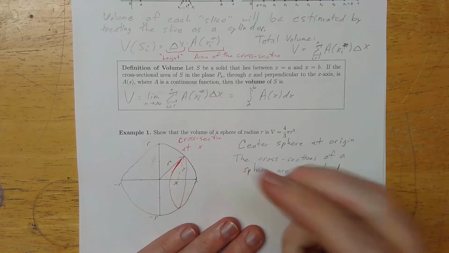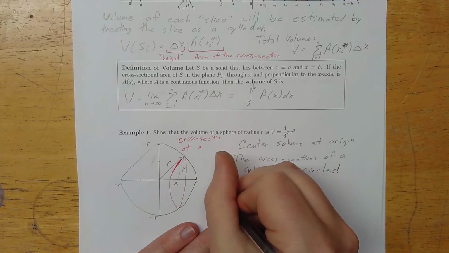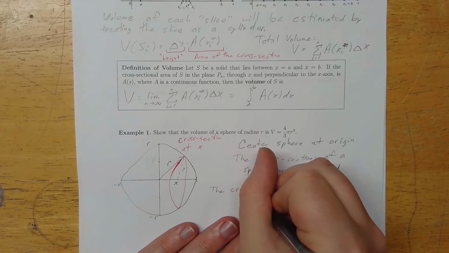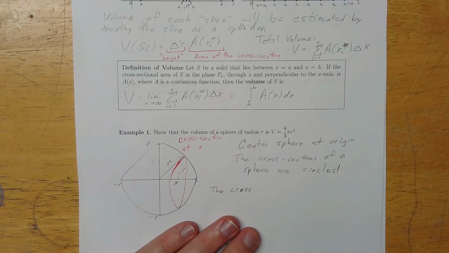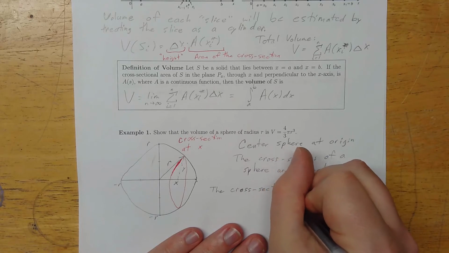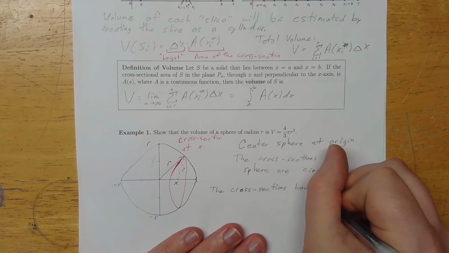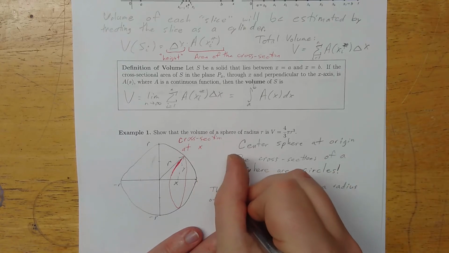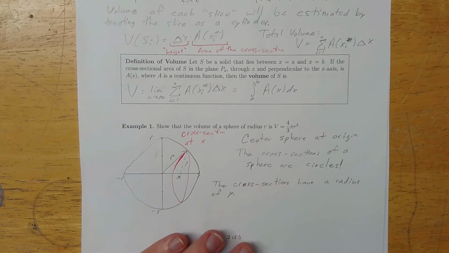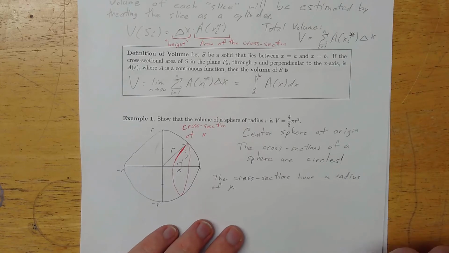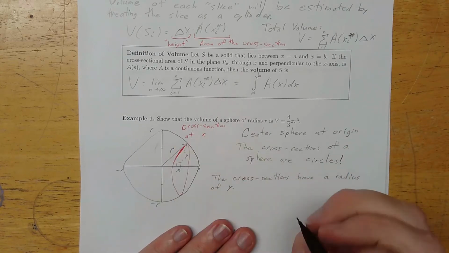So each cross section has a radius of y, which we then would need to figure out in terms of x. If we want to find that in terms of x, well, right now what we've got is a right triangle, so we can solve for y.